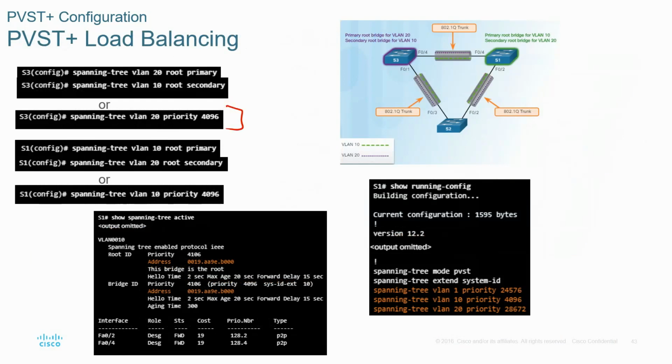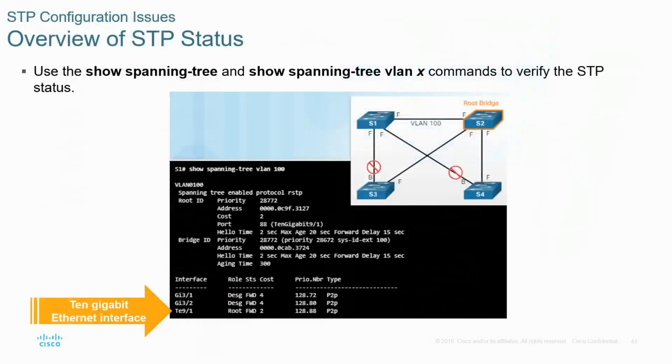So for example, here, switch S3 has priority 4096 for VLAN 20, and this switch has priority 4096 for VLAN 10. So you can set different priorities for different VLANs to enforce that different switches are elected as the root bridge for different VLANs in this case to achieve the load balancing feature.